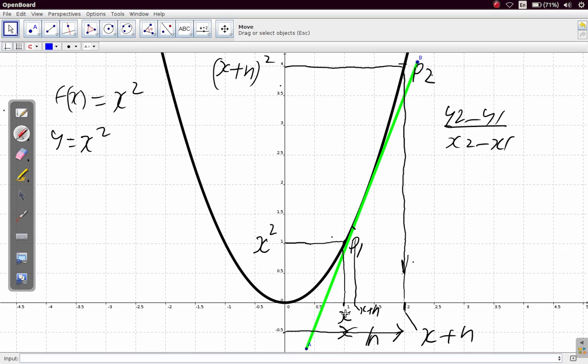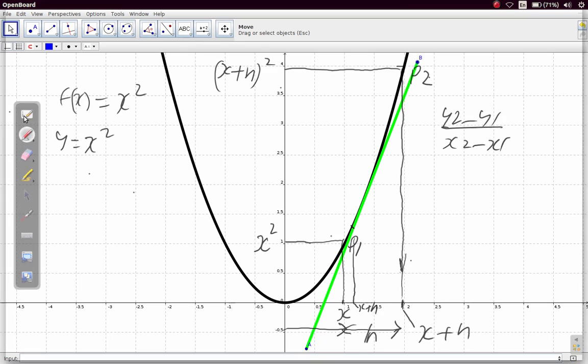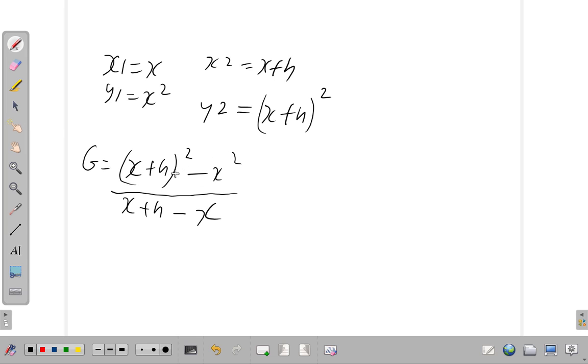And the limit is when it approaches 0, so it becomes x. Here, the gradient would get closer to the true gradient as h approaches 0.